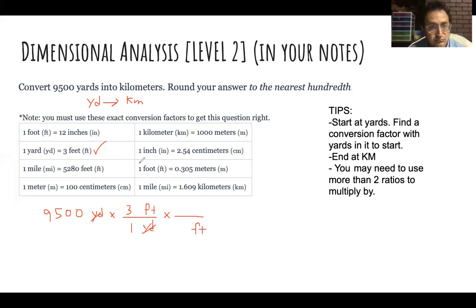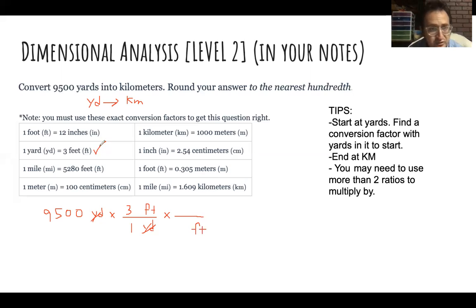And obviously, I would like to go to maybe the foot to meters because we want to go to some type of kilometers.